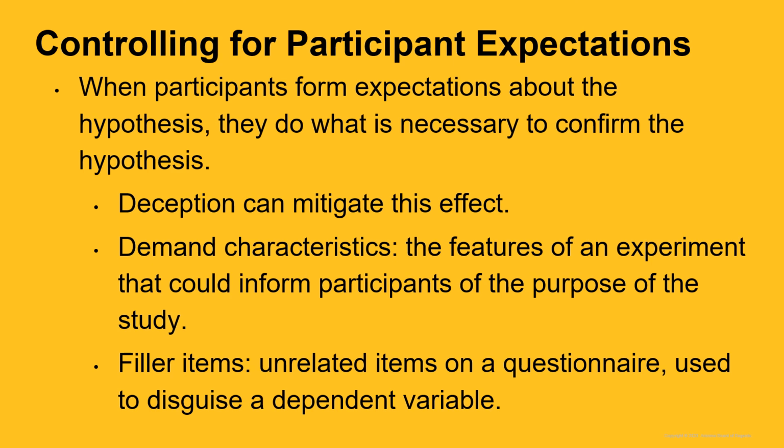So sometimes the information that we're trying to measure can be mixed up with other information in there, like filler items. For example, in a questionnaire that measures attitudes about sexism, obviously people don't always want to admit that they harbor sexist beliefs. But if we wanted to measure sexism, we would not want to make it too obvious.